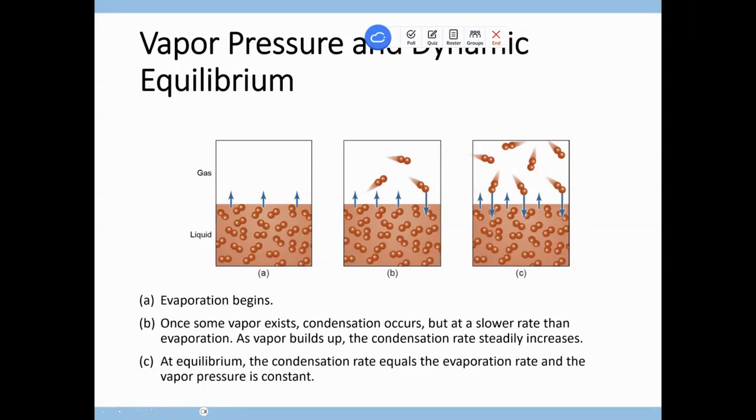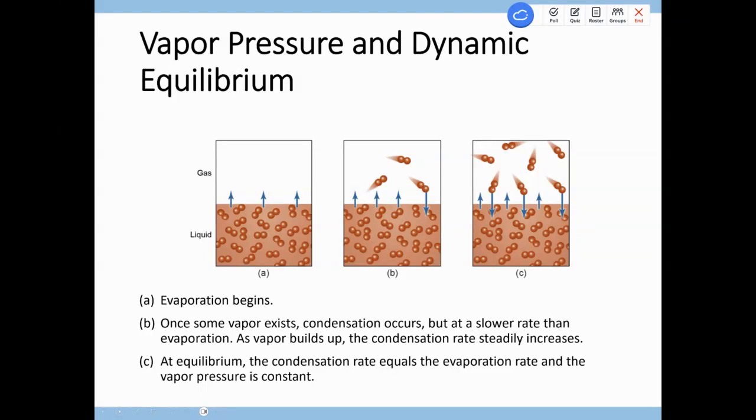So condensation can occur, but that will occur at a slow rate until that liquid starts building up more and more gas molecules. And then as it continues building and evaporating molecules into the gas phase, condensation is occurring as well. And this reaches a state that we call dynamic equilibrium, which means that at one point in time, there is a constant vapor pressure.